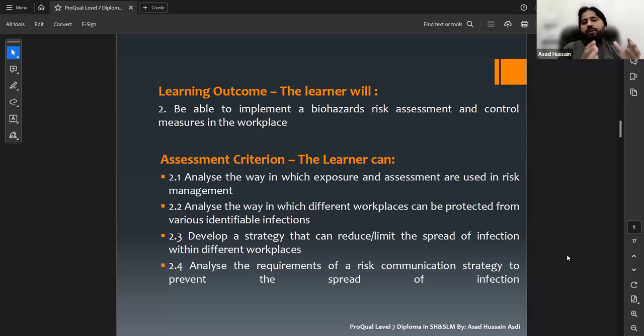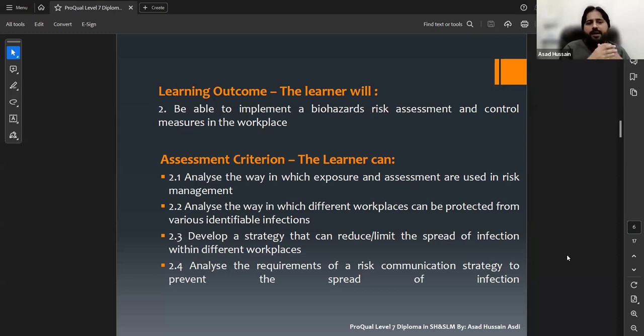So you have to provide a clear risk assessment considering these points to support this assessment criteria. A specific and appropriate risk assessment can be used here as evidence.